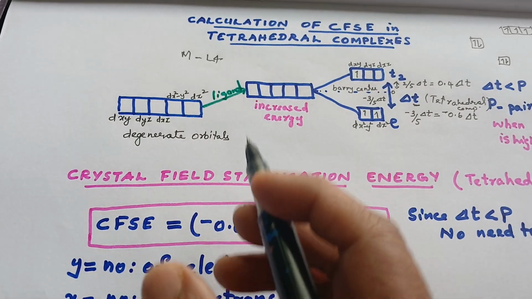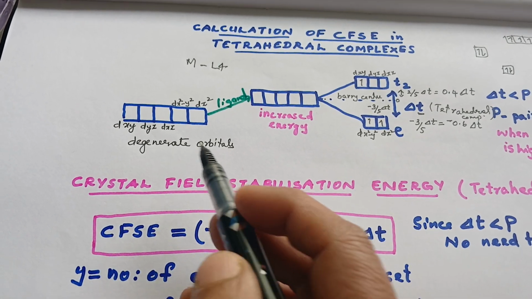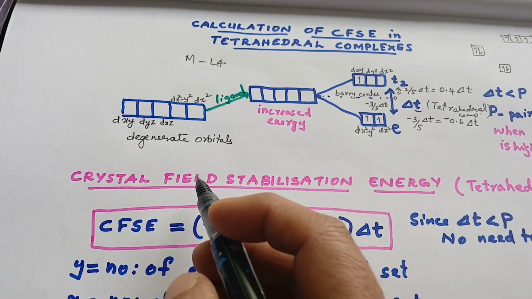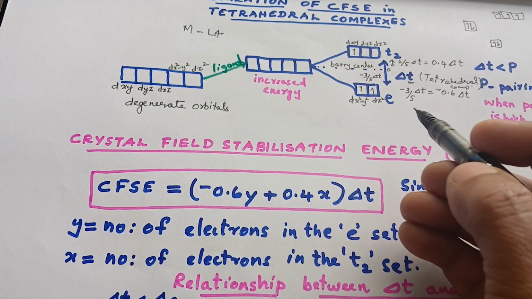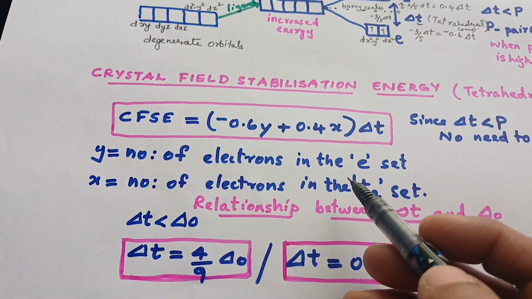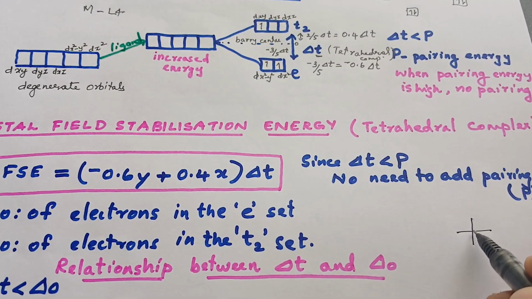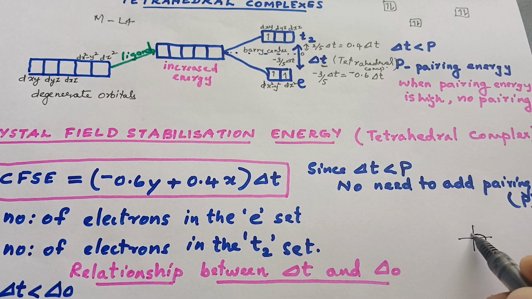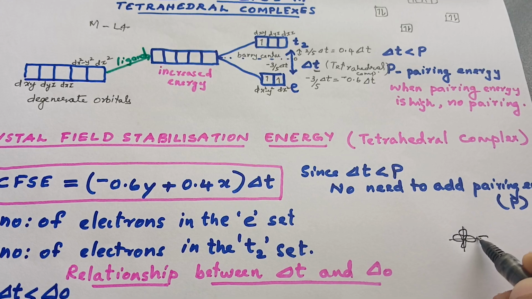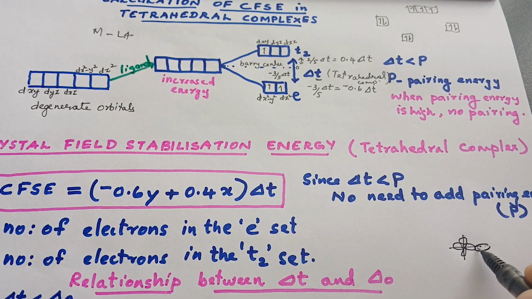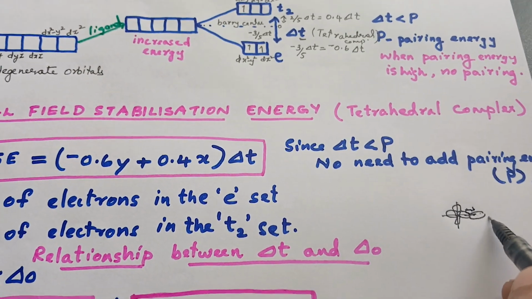So the probability of head-on interaction with the unpaired electrons in the degenerate orbitals is less when compared to that of the octahedral complexes, because in octahedral complexes the orbitals lie along the axis, and when a ligand comes, it is also coming along the axis. So the probability of interaction is greater here.